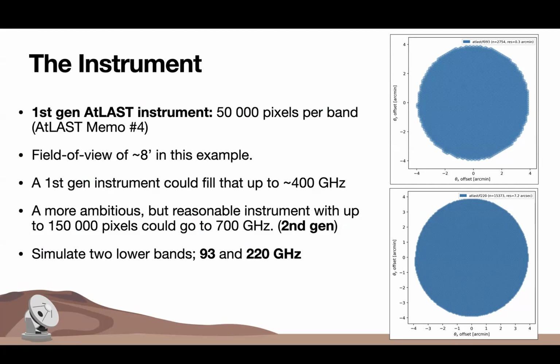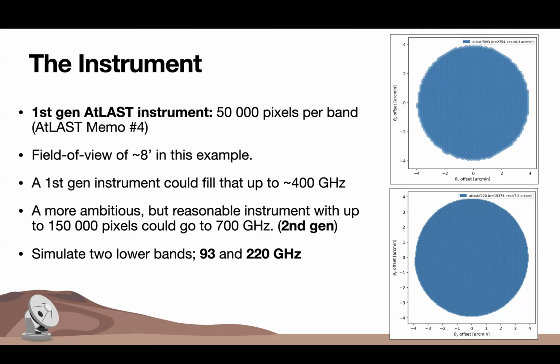But a more ambitious but still reasonable instrument with up to 150,000 pixels should be able to fill that even all the way up to 700 gigahertz. So still not taking advantage of the full frequency range of AtLAST, but still covering an impressive frequency range.